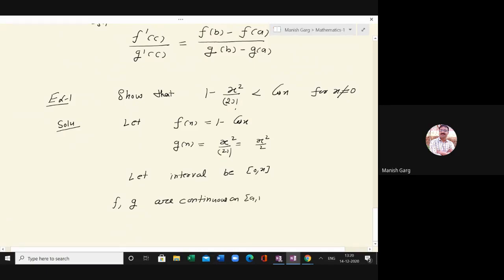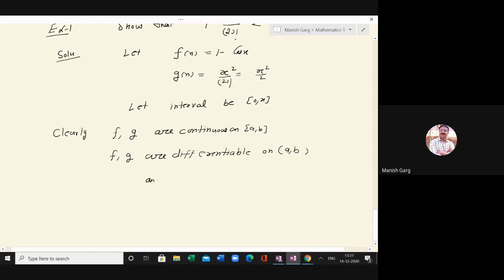On this interval, f and g are differentiable on the open interval, and g dash x, which is x, is not becoming 0 for x not equal to 0.